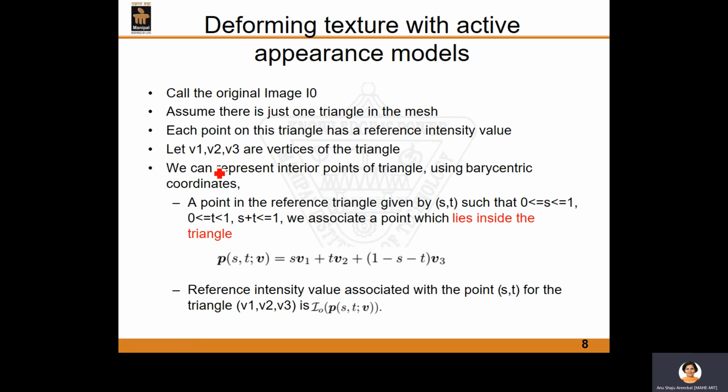What this means is, V1, V2, and V3 are the vertices of the triangle, and in this triangle, I have a point given by (s, t), and I want to find out the value of a point which is present inside.